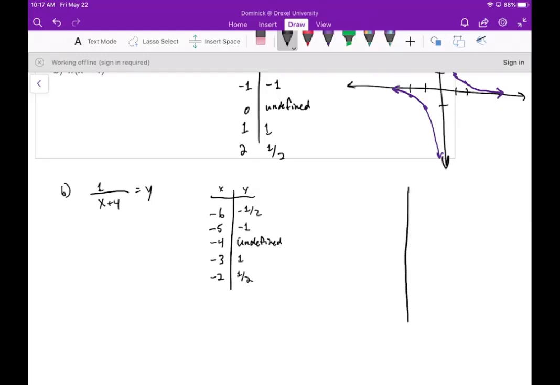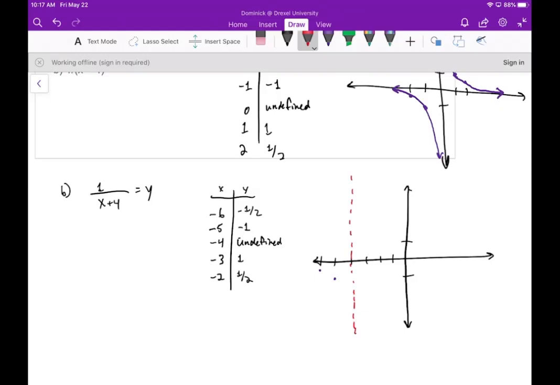So this graph is going to look similar, except it's sort of shifted over. Right, so got to go 1, 2, 3, 4, 5, 6. And we'll get something like this. So at -6, we're at -1/2. At -5, we're at -1. We know that at -4, we sort of have that trouble point, so I'm going to put an asymptote there.